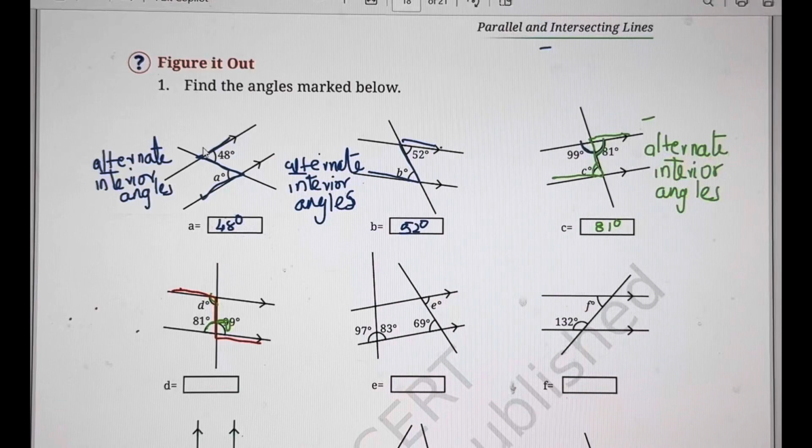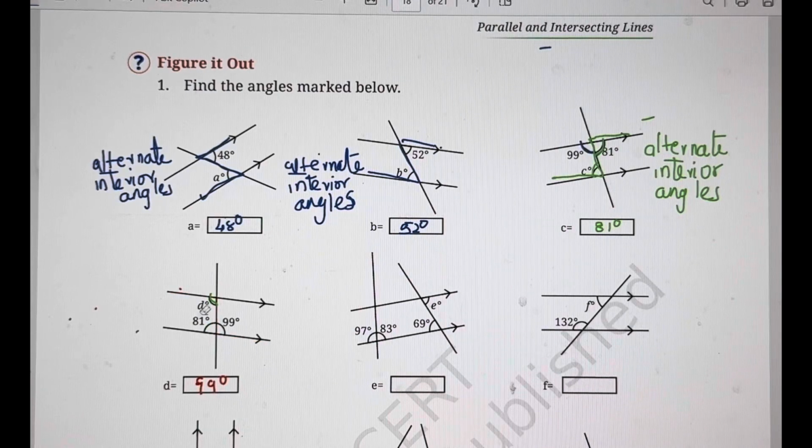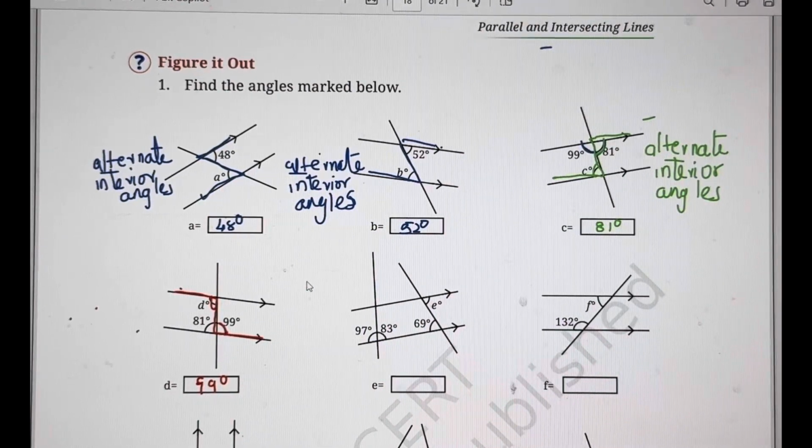Any orientation of Z will give you alternate angles. So D is equal to 99 degrees. I'll just show you. These two are alternate and this is the Z being formed.